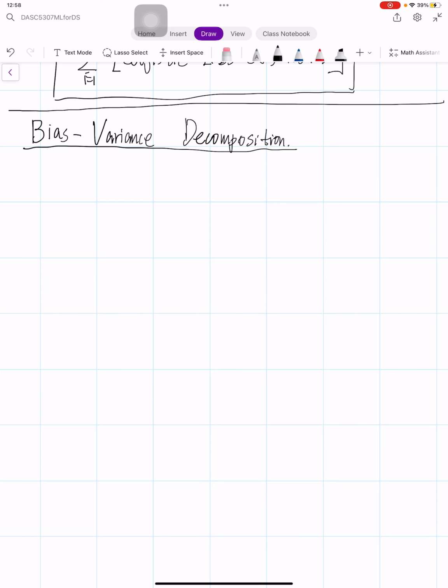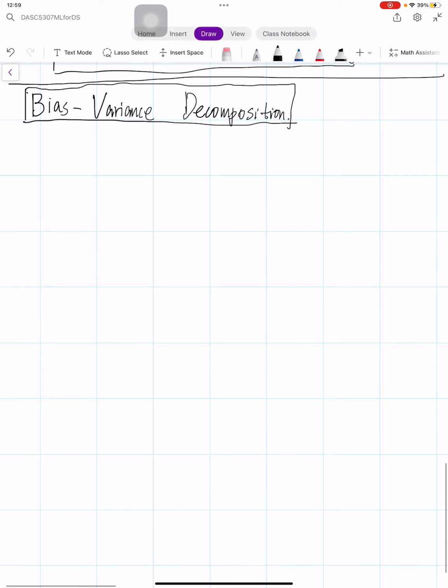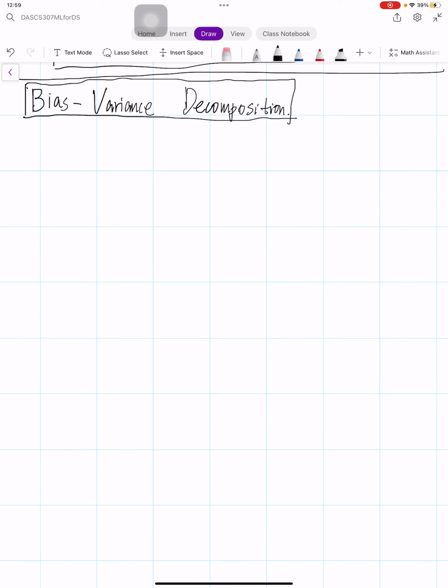As you may have already heard a lot, a lot of times I talk about underfitting and overfitting. Actually, how to evaluate underfitting and overfitting comes from the bias-variance decomposition. Okay, so now let's see a little bit more in detail.